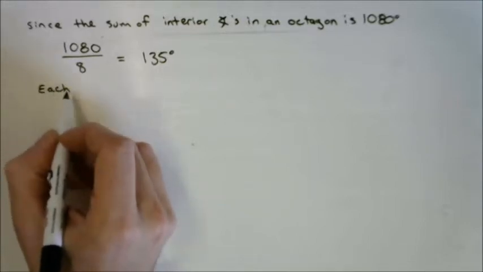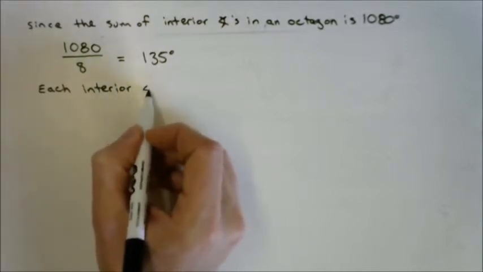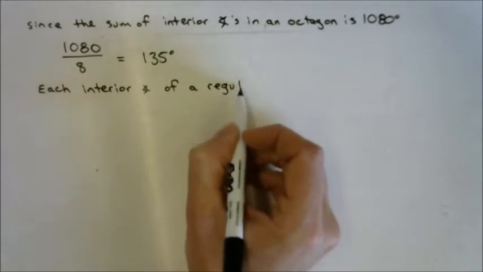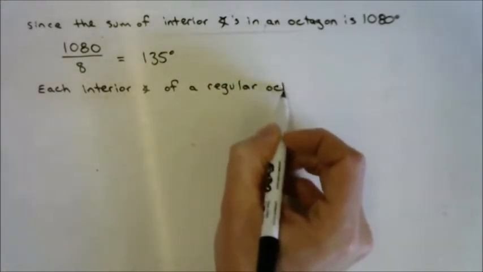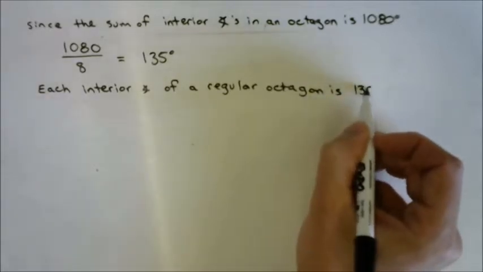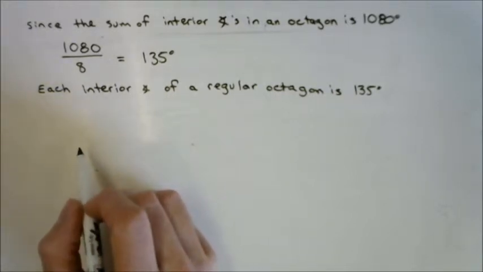So each interior angle of a regular octagon is 135 degrees.